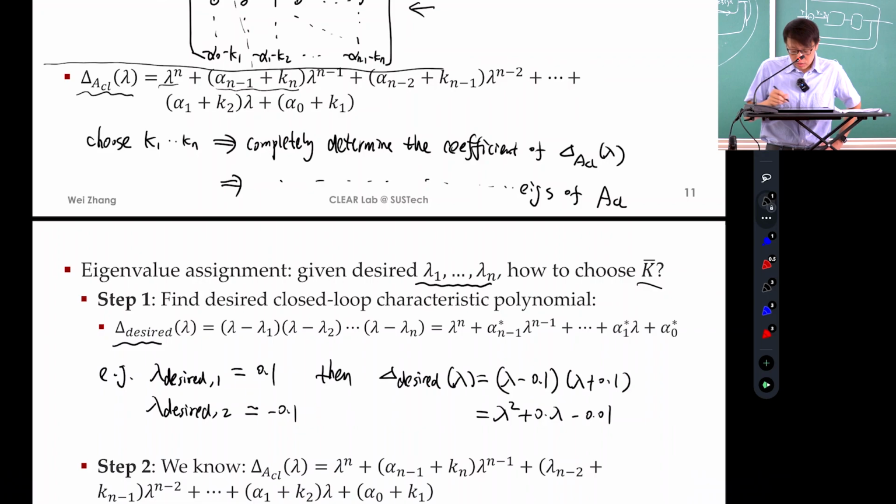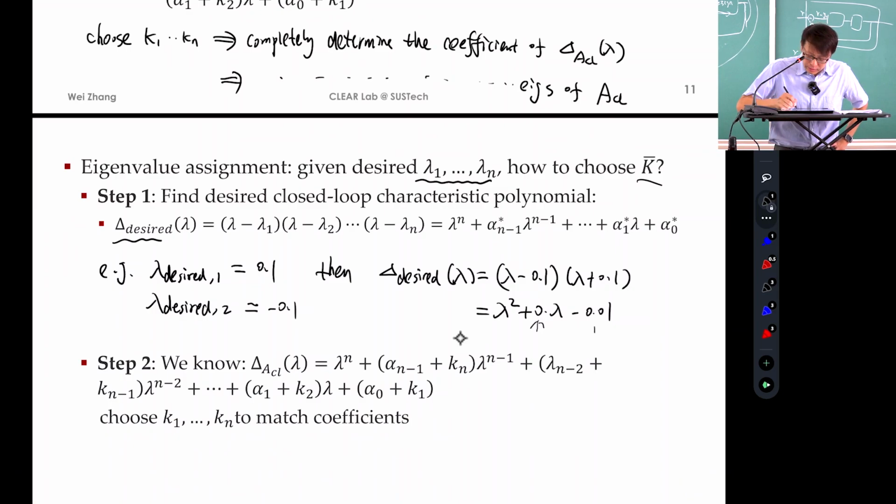Okay? So these two coefficients are the coefficients of the desired characteristic polynomial. The roots and the coefficients have a one-to-one correspondence. If you fix the roots, you fix the coefficients. You fix the coefficients, you almost determine the roots already. Okay, these two are a one-to-one mapping.